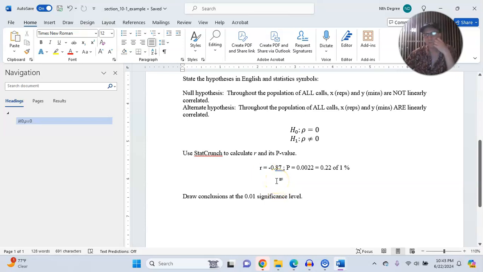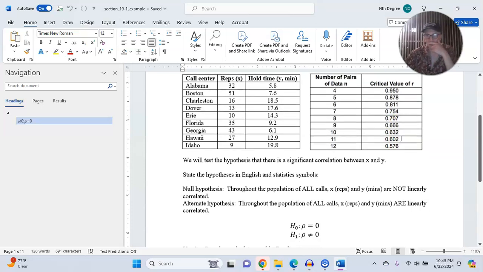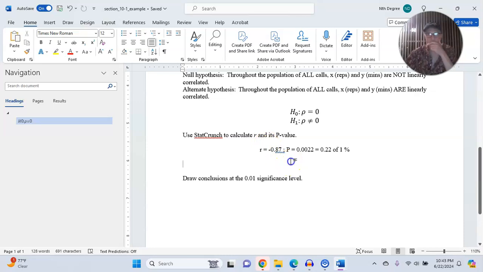Is that big enough to be significant? How do we tell? We have to compare it to a critical value. In this case, there were 9 call centers. The number of pairs of data, N, was 9. So the critical value was 0.666. That's the number to beat. Did we beat it? Yes, we did.